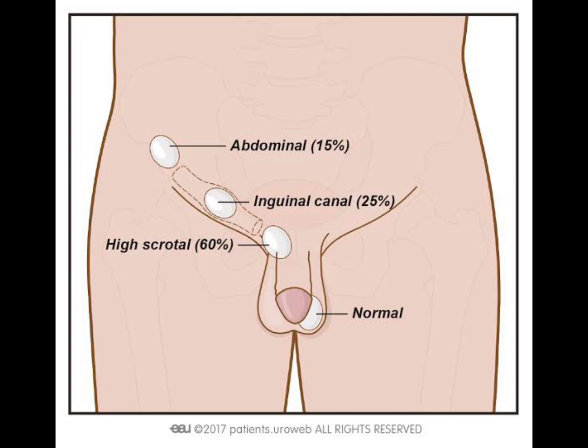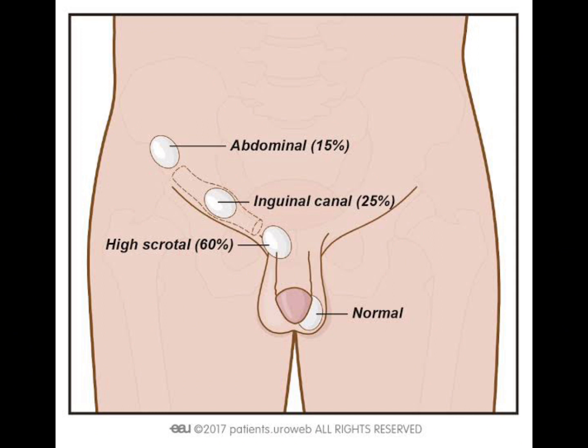UDT in full term patients is present in 1 to 3% of cases, but the prevalence of cryptorchidism reaches 30% in premature male neonates. Approximately 80% of the undescended testes are palpable, and 60 to 70% are unilateral.